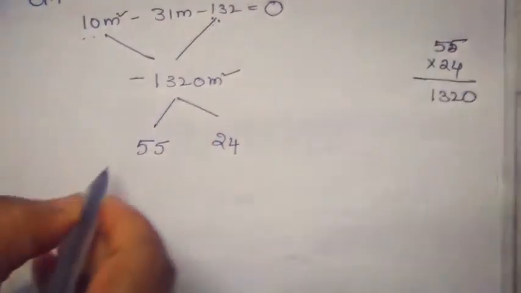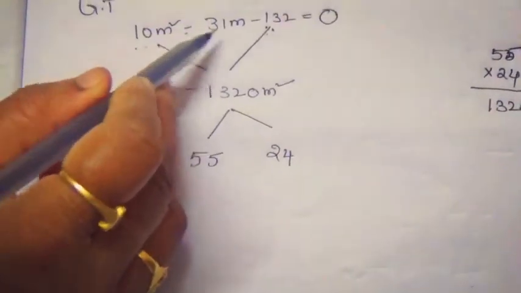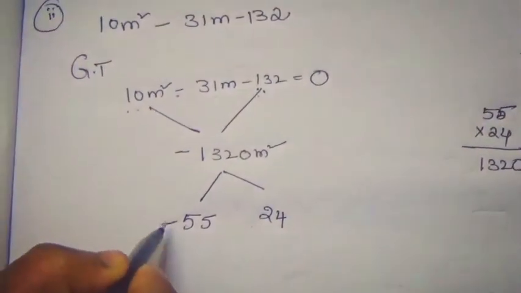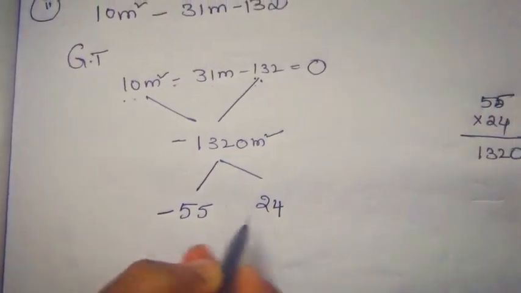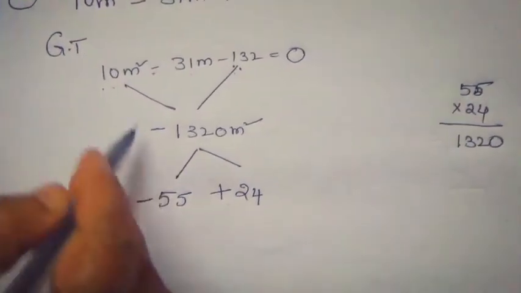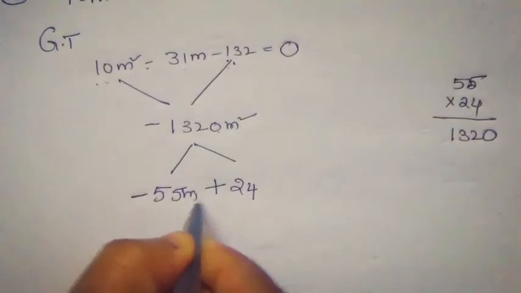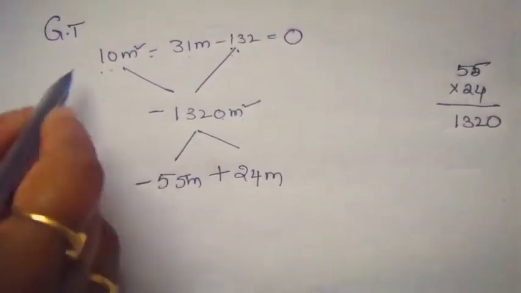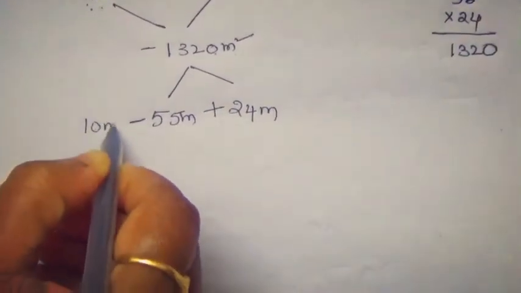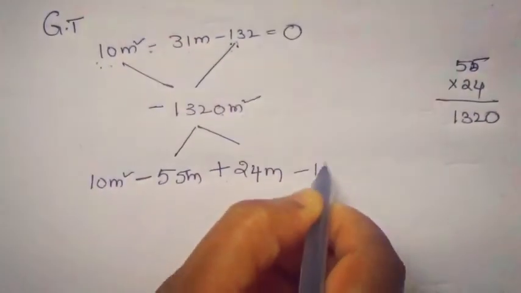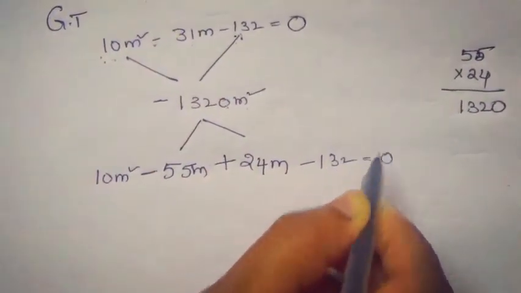Since I want minus 31m, the highest number I want to keep minus and the other plus. m square, so m into m. The first number as it is, and the last number also just take like this.